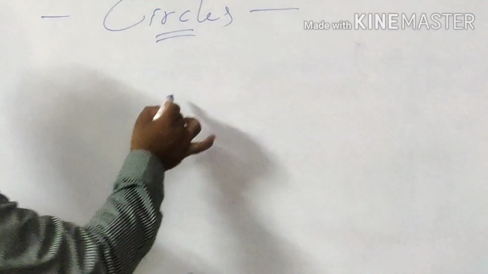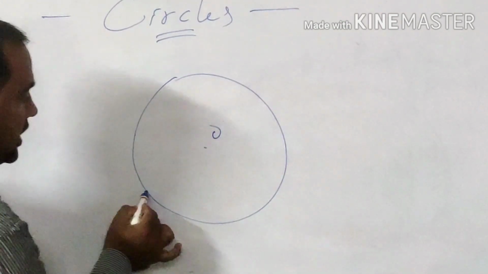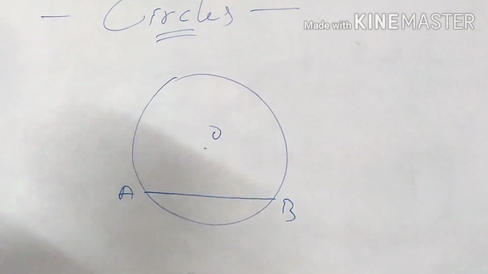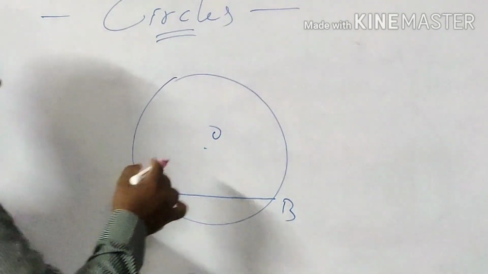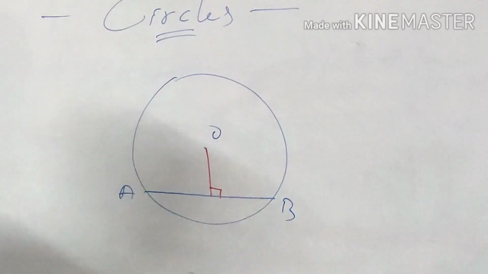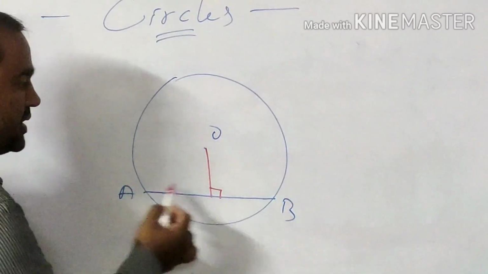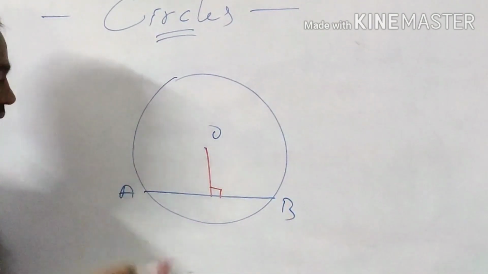So now we have a circle with center O and a chord AB, suppose. A perpendicular is drawn from the center to the chord. This perpendicular divides the chord AB into two equal halves.